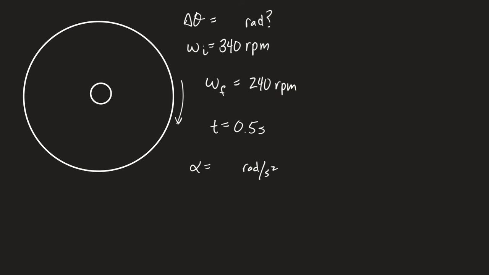And what was the acceleration in radians per second squared? Any questions about what I'm asking? Yep. RPM generally means rotations per minute. Good question.